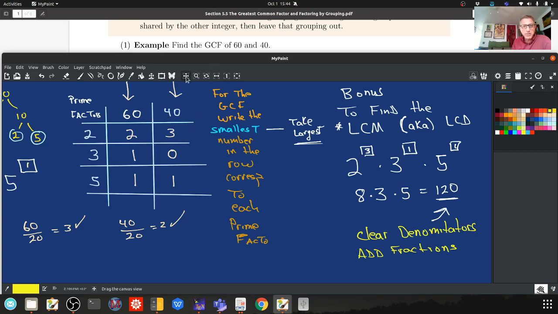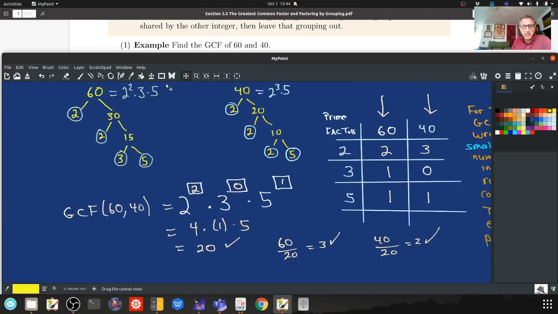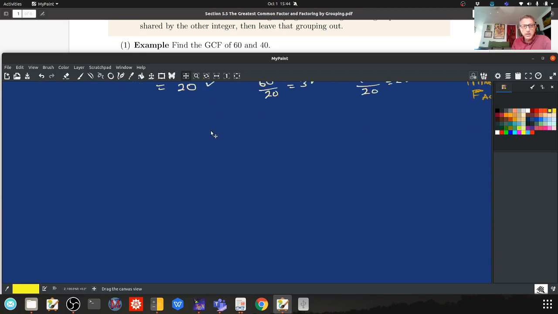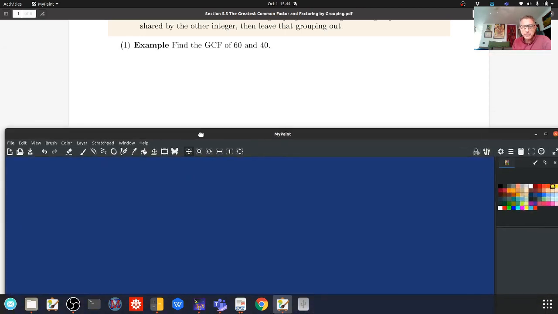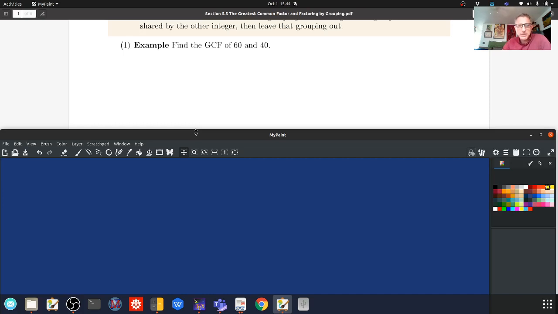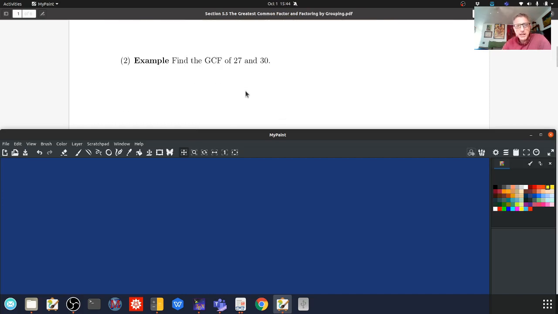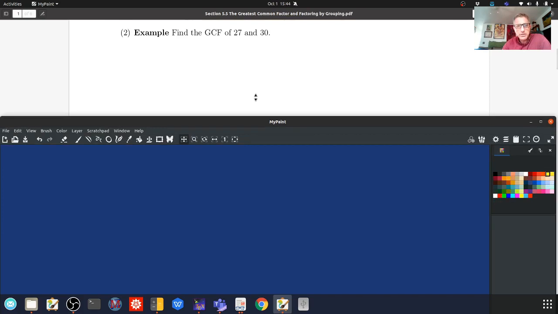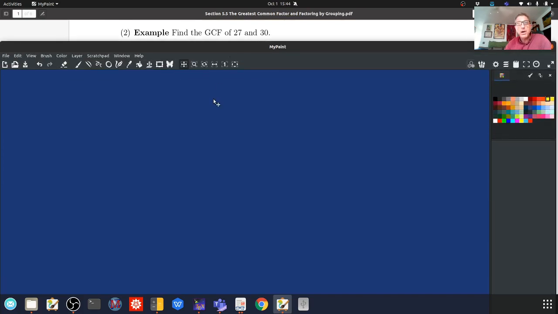So let's go back to our GCF. So that's the topic here, and let's do another example. And the nice thing about this is this method easily extends to finding the GCF of polynomials, or even the LCM of polynomials. So here we're going to do 27. So I know 27 is divisible by 3. 27 divided by 3 is 9. 9 is divisible by 3. 9 divided by 3 is 3.